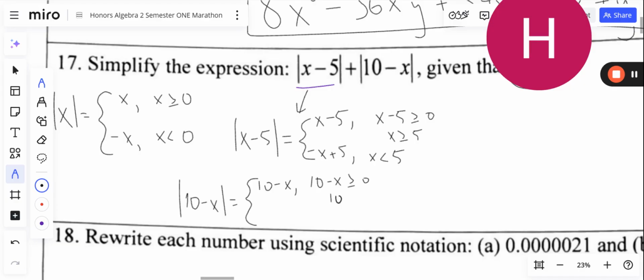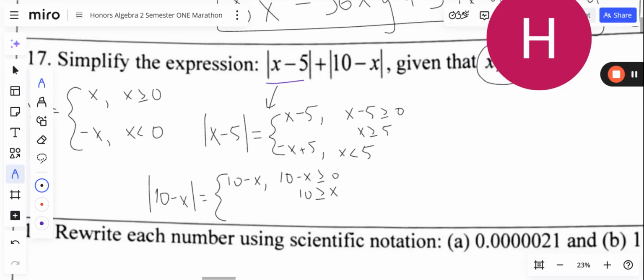In other words, whenever 10 is greater than or equal to x. But it would be flipped to negative 10 plus x, or I guess I can say x minus 10, whenever x is strictly less than 10. Is that right?